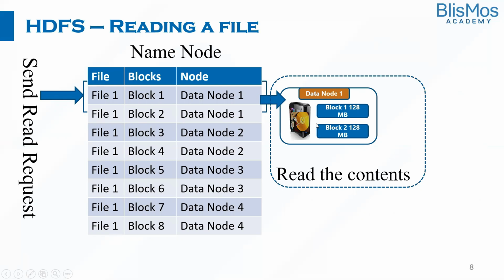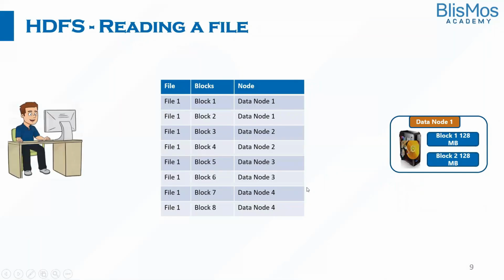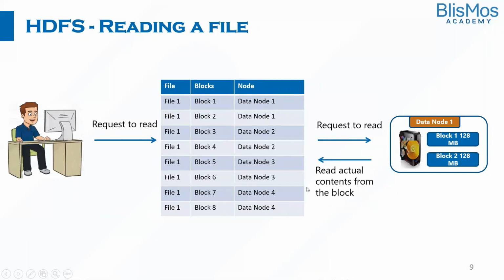Essentially, you have sent a request to read file 1, block 1, meaning block 1 from file 1. Then it will hit the data node where the data is present, and it will read the content from there. In summary, the user will send a request to read, which will be referred to the metadata in the name node.